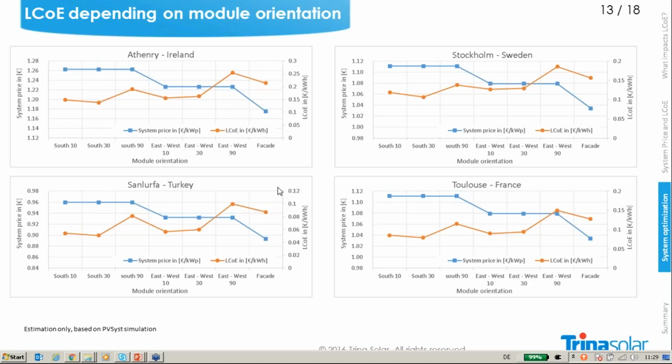The source of the capex prices is given in the link below the picture.